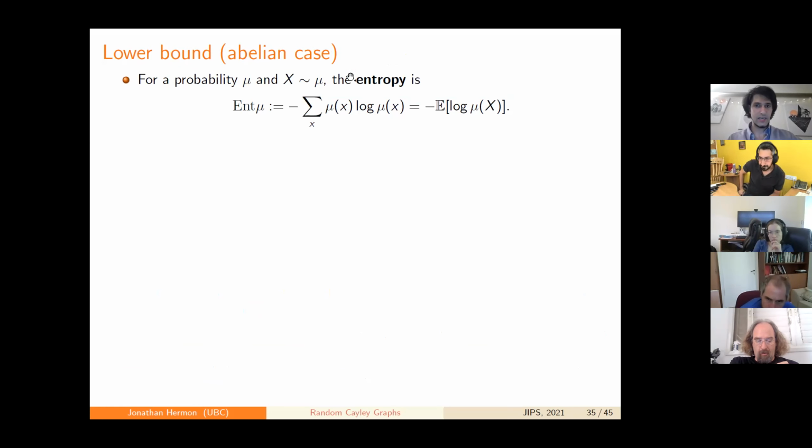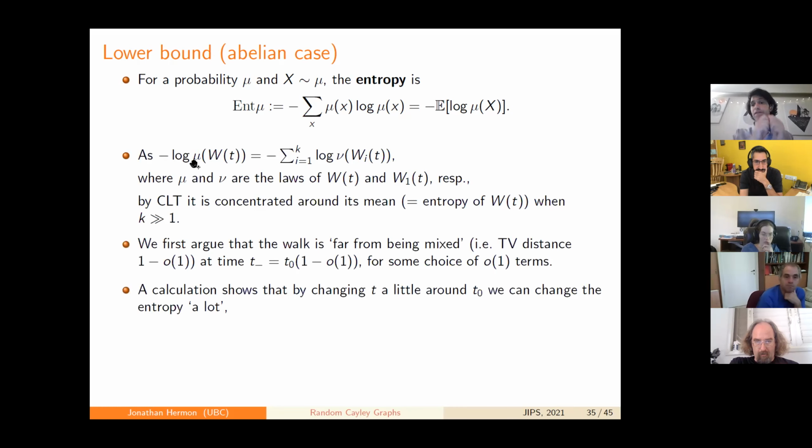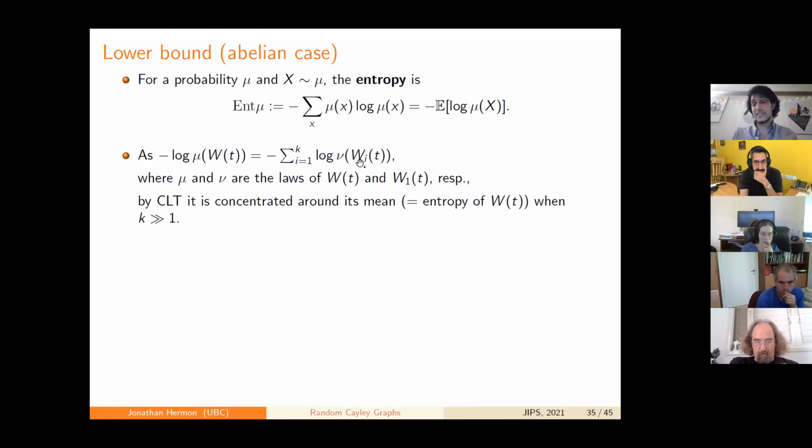In addition, I first want to remind you of the notion of entropy of a distribution mu. If X is distributed like mu, the entropy can be written as minus the expectation of log mu(X). Now, if we take X to be W_t, a random walk on Z to the K, the different coordinates are IID. Because of that, this log is going to factorize into a sum of IIDs.